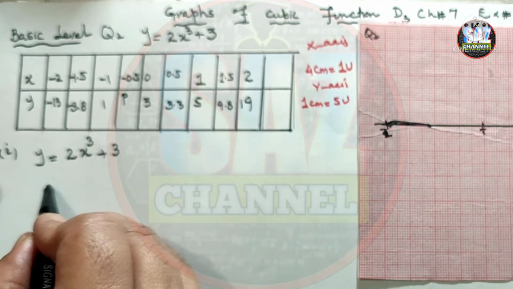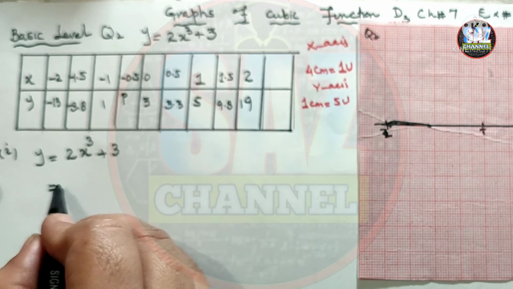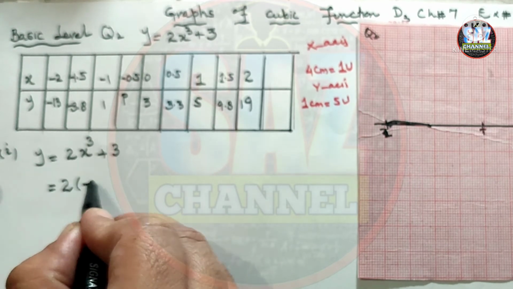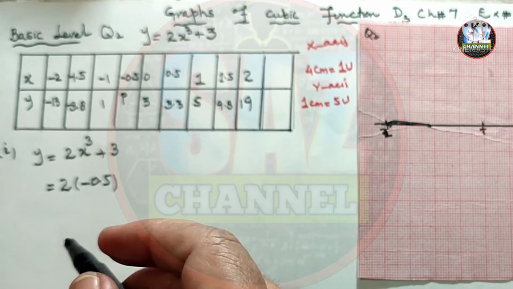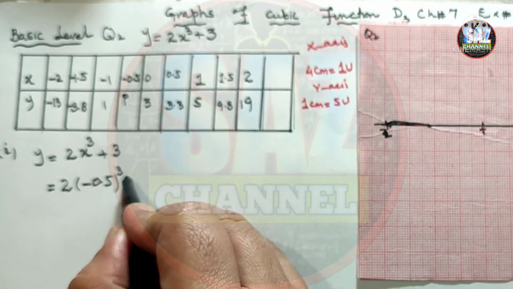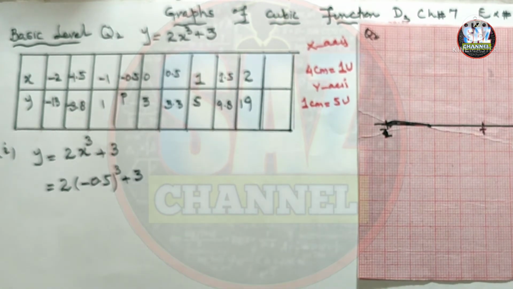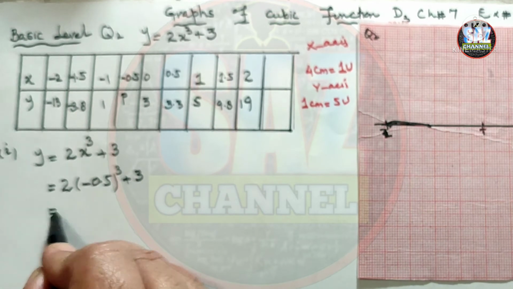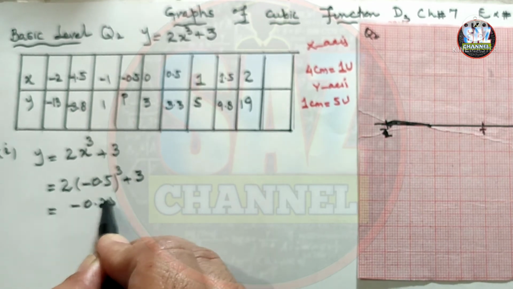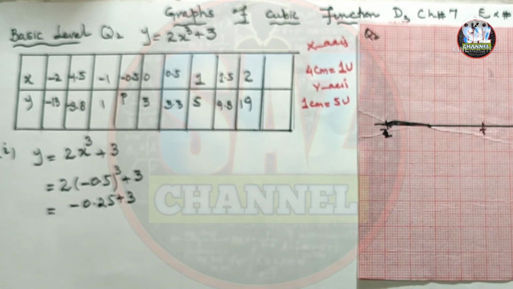You have to check the given function y equals 2x cubed plus 3. Now we have to see which value of x this missing value is in front of, which is minus 0.5. So y equals 2 times (minus 0.5) cubed plus 3. The cube of 0.5 multiplied by 2 gives minus 0.25, and then plus 3 is 2.75.